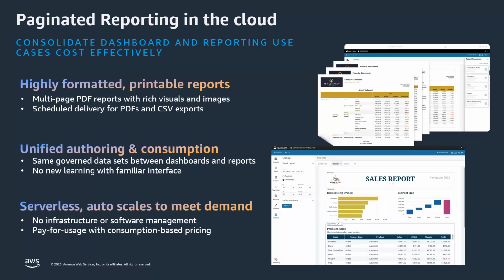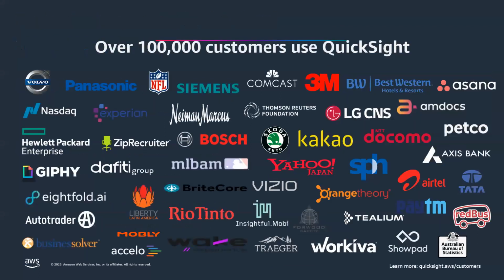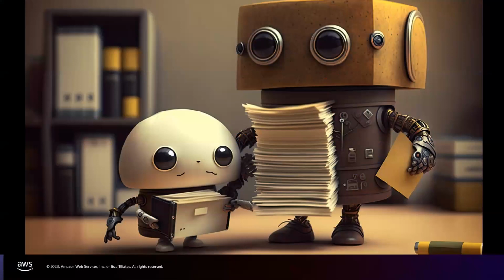So a little bit about Amazon QuickSight, and one of the reasons that so many of our customers have started to use QuickSight: over 130,000 customers, different organizations, are using it.